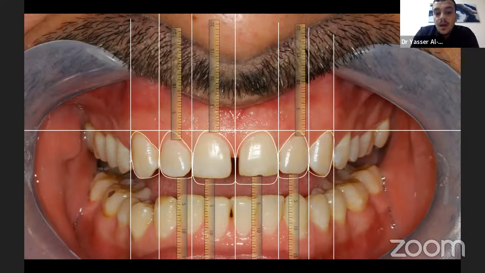So I make an oval shape for the new teeth. I apply the golden proportion of the teeth between the central, lateral and canines, and the dental proportion of the tooth itself, the length and width.